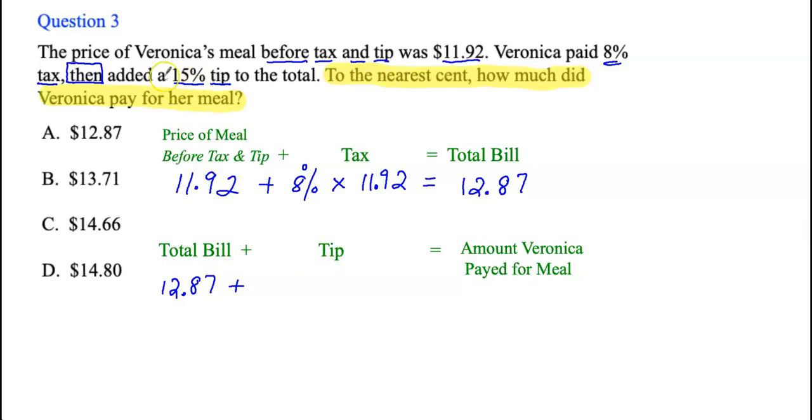The tip is 15% of the total bill. So 15% of the total bill, $12.87. Remember, of implies multiplication.